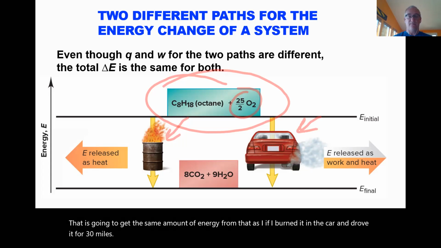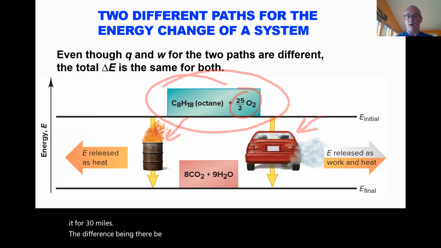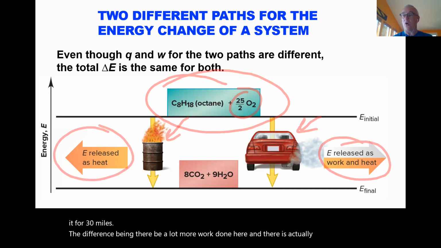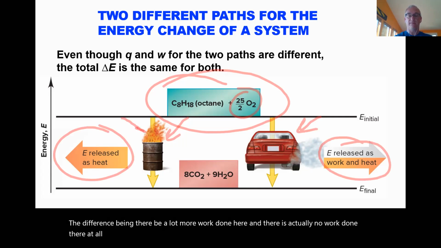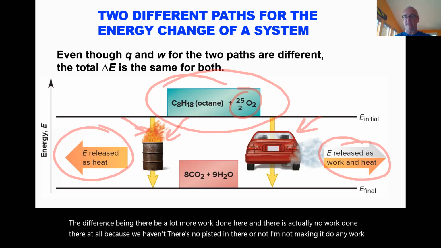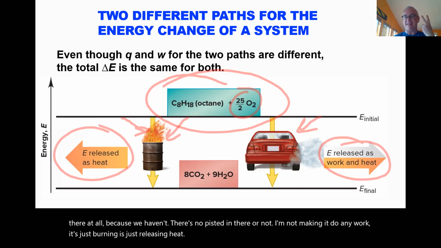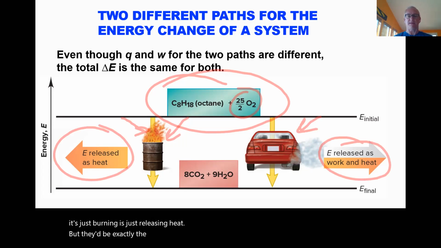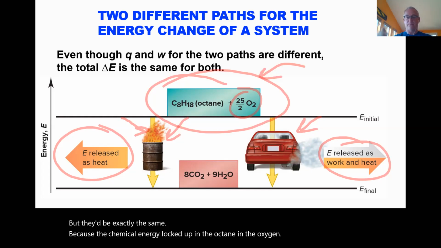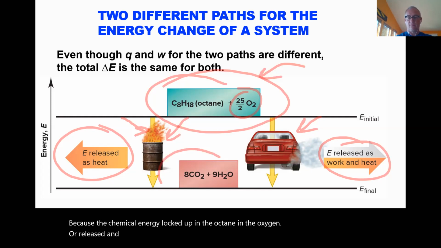The difference being there'd be a lot more work done in the car, and there'd actually be no work done in the bin at all, because there's no piston in there. I'm not making it do any work. It's just burning, just releasing heat. But they'd be exactly the same, because the chemical energy locked up in the octane and the oxygen is released, and then we form the same products.